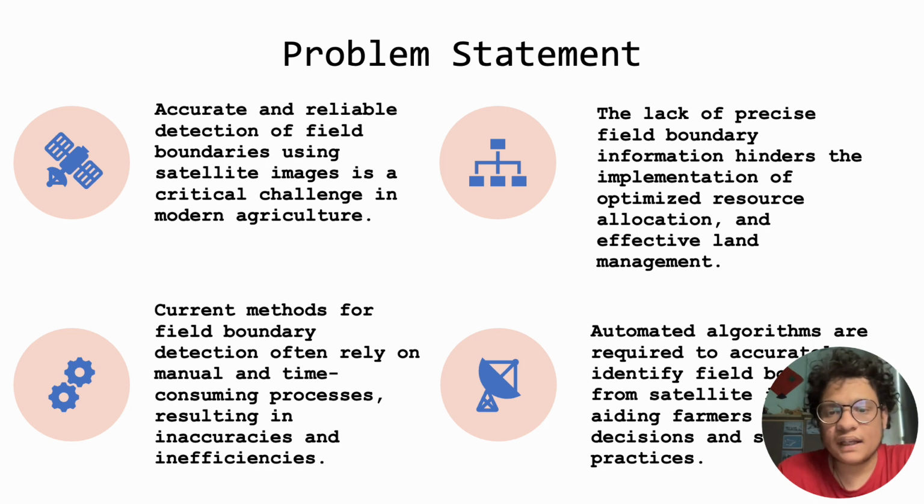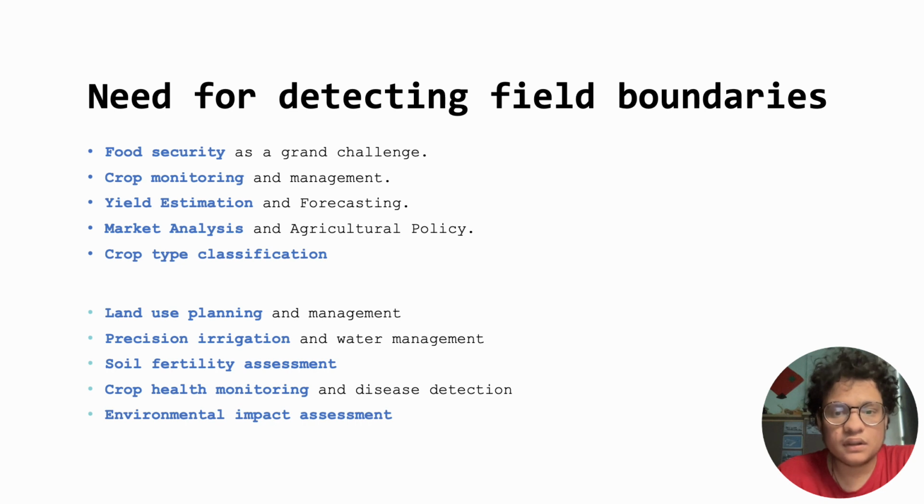The lack of precise field boundary information hinders optimized resource allocation and effective land management. With it, resource allocation and land management become much easier, and you could track land change patterns. Automated algorithms, like deep learning models, would be crucial here.